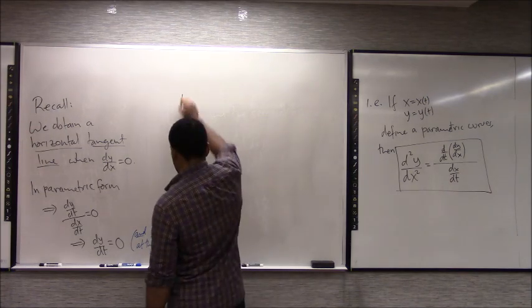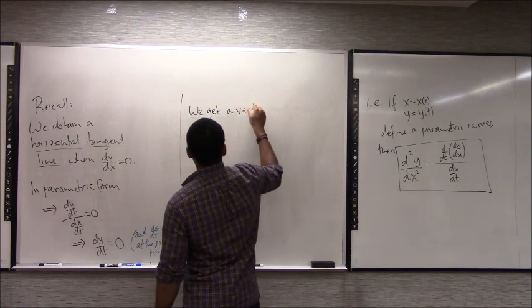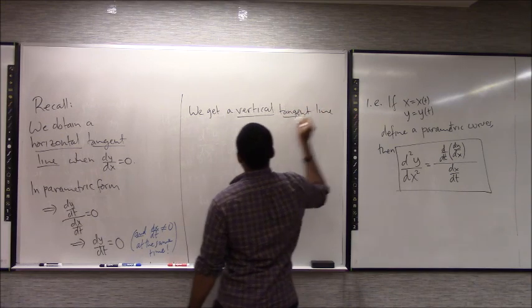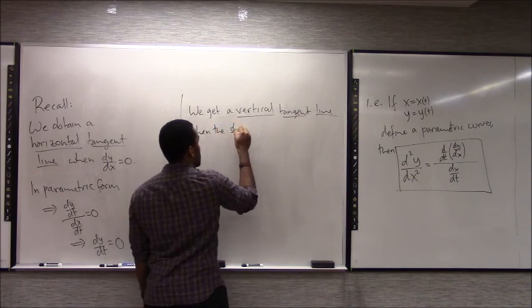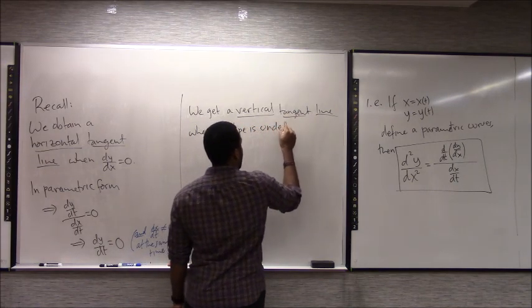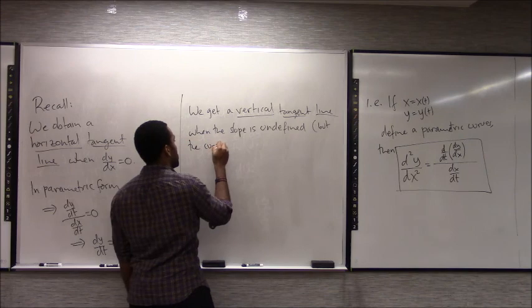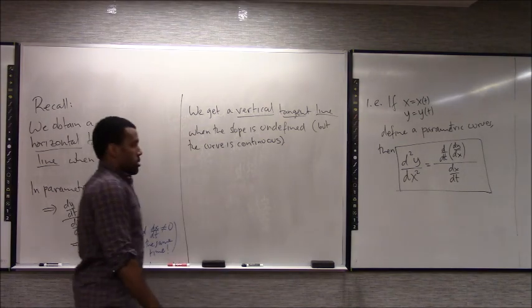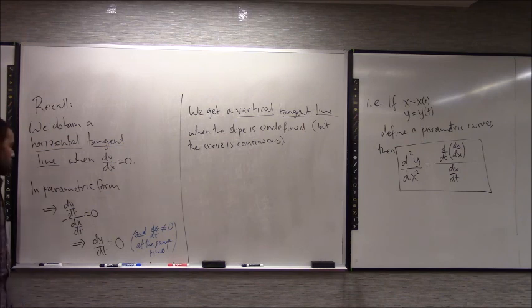That's how we obtain a horizontal tangent line. We get a vertical tangent line when the slope is undefined, but the curve at the same time is continuous. So, where would that likely happen for the derivative to be undefined while the function is continuous?